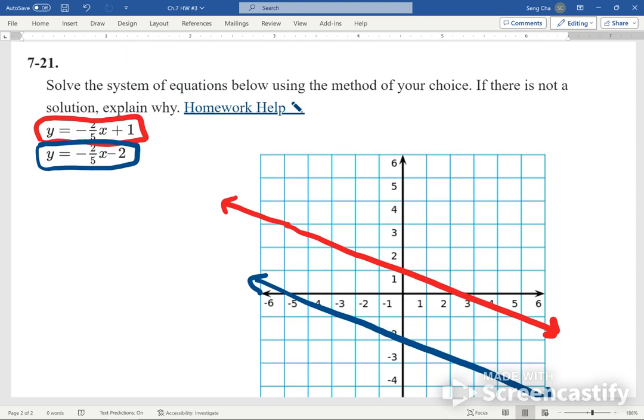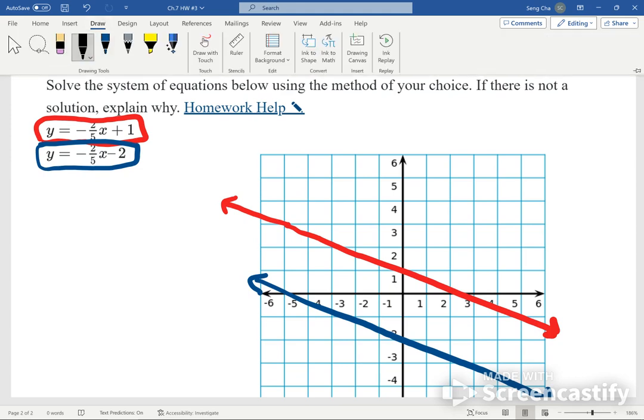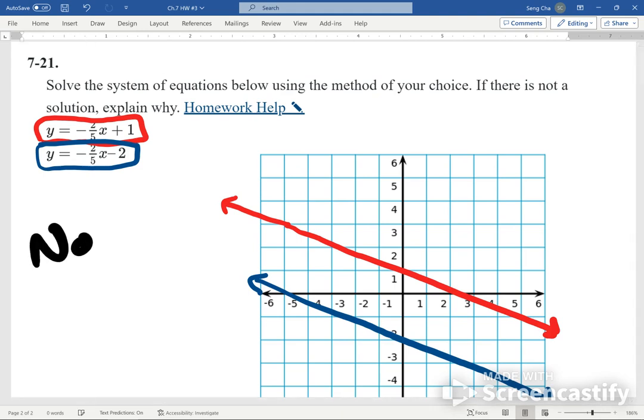Okay. Solve the system of equations below using the method of your choice. So this one we're graphing because it's already in slope-intercept form. If there is not a solution, explain why. So this one has no solution. And why?